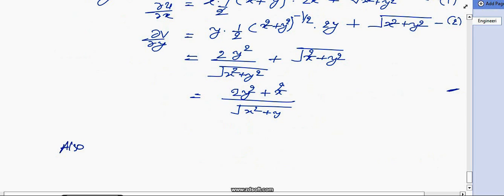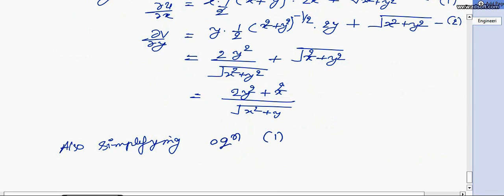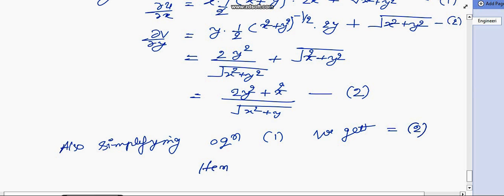Also simplifying equation 1, we get equal to equation 2. Hence del u upon del x is equal to del v upon del y.